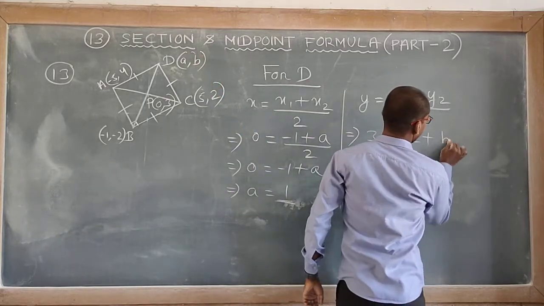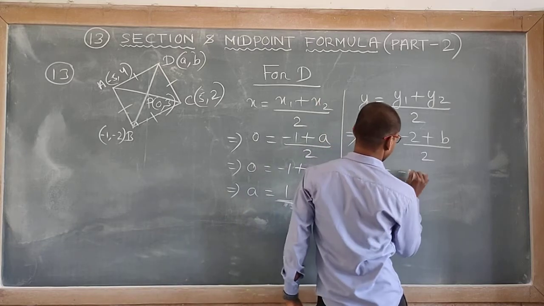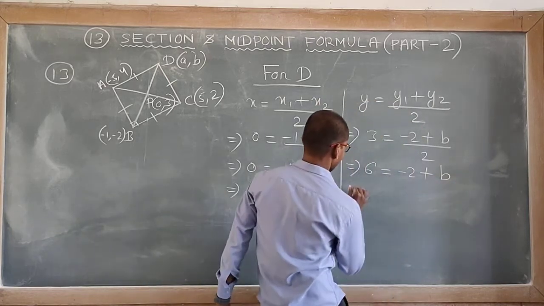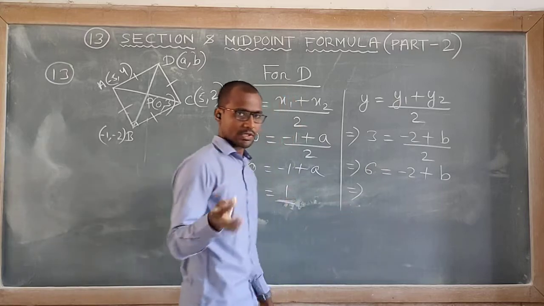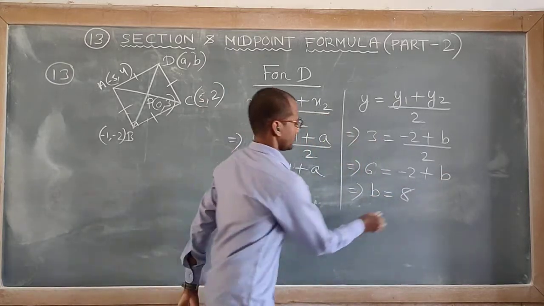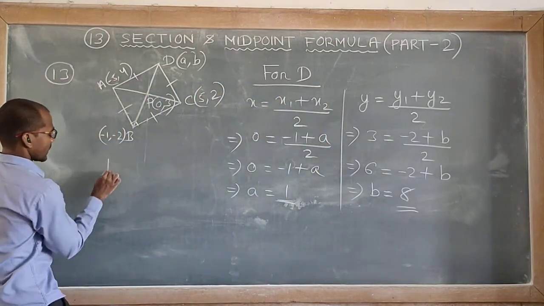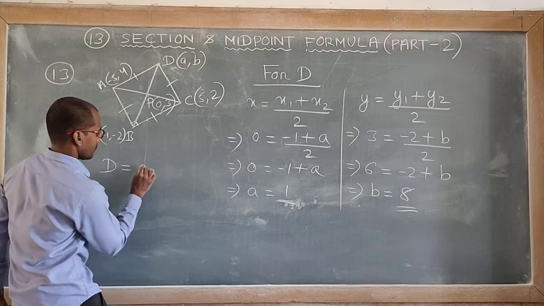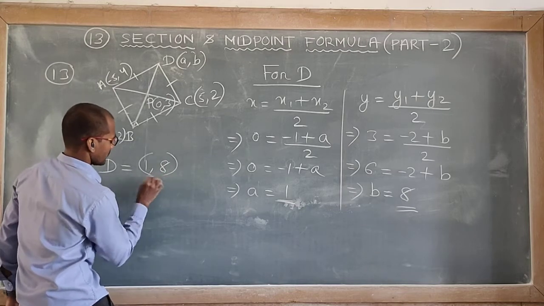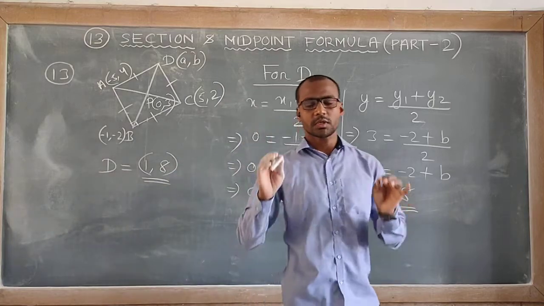B by 2. 6 is equal to minus 2 plus b. 6 plus 2, which is 8. So b is equal to 8. So we got the coordinates of point D. So now we can write D is equal to 1, 8. Okay. So 1, 8 are the coordinates of point D.